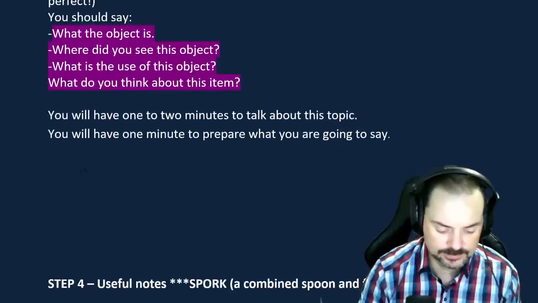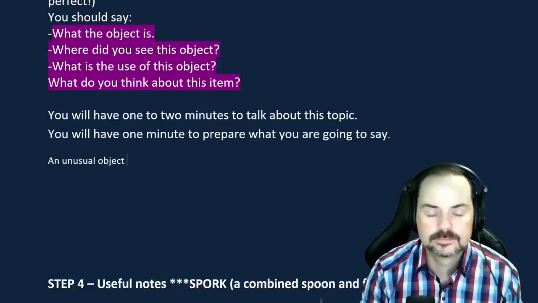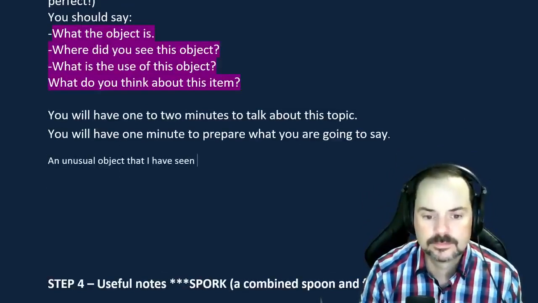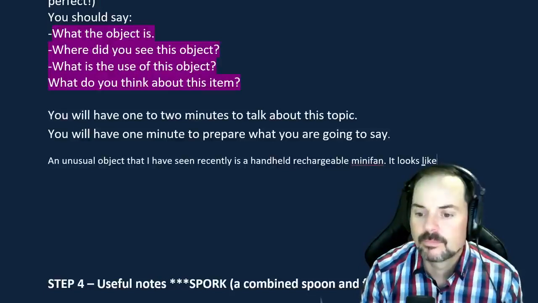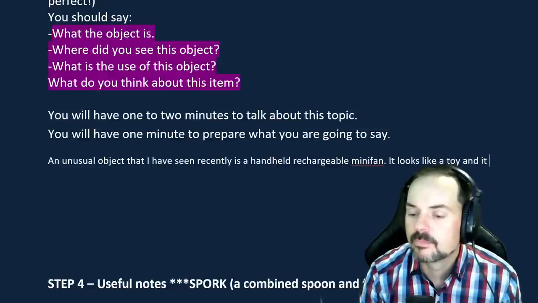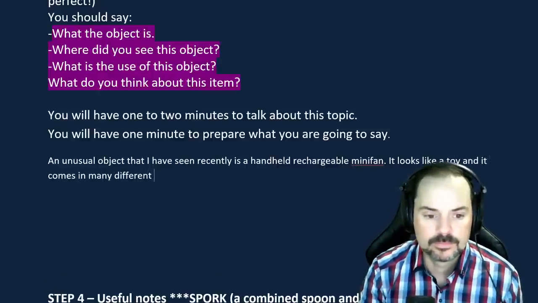An unusual object that I've seen recently is a handheld rechargeable mini fan. It looks like a toy fan, and it comes in different colors. I knew because it's colorful, but I saw this with one of the passengers in the bus when I was commuting to work.